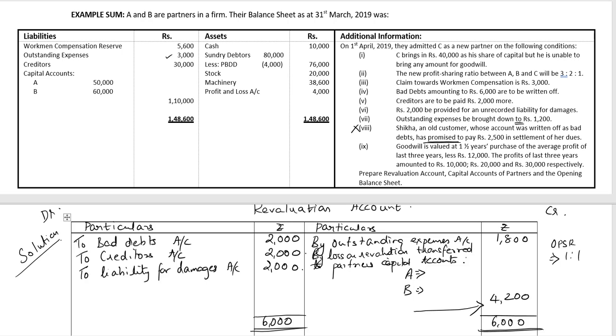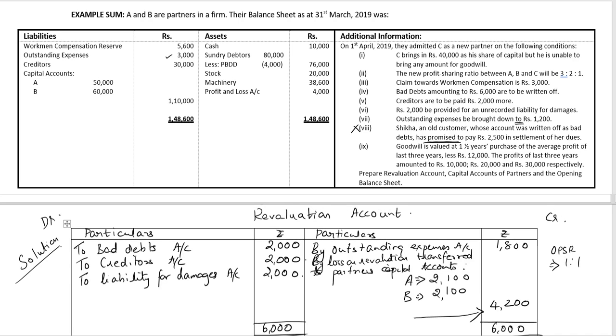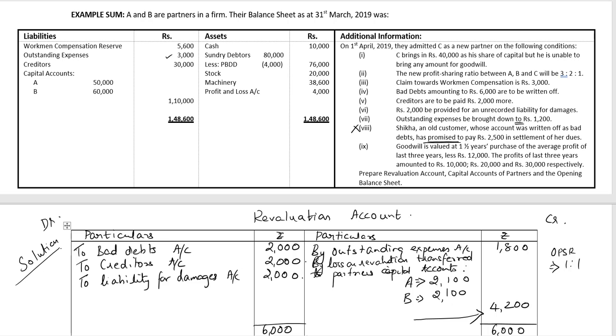So A gets 1/2 of 4,200, which is 2,100, and B also gets rupees 2,100. So this is a revaluation account which is prepared by us. We are left with a loss which was divided equally between A and B.